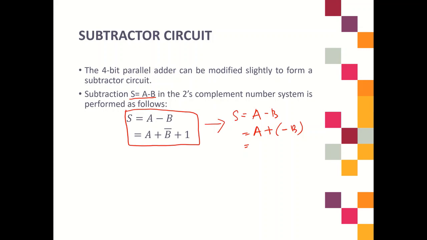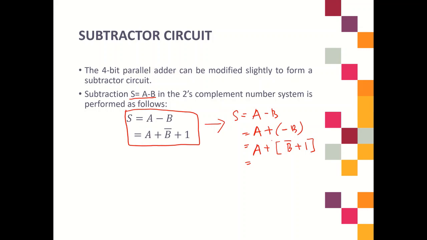You get it by complementing each bit and then adding 1 to the complemented value. So negative B comes from B bar, which is the complement of B, and then you add 1. So you will get negative B.